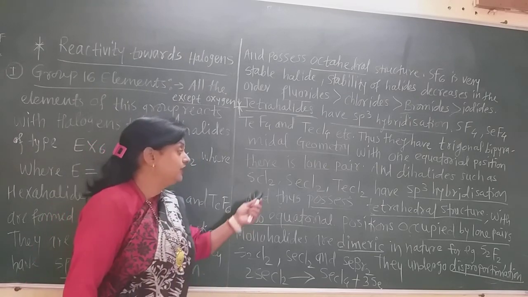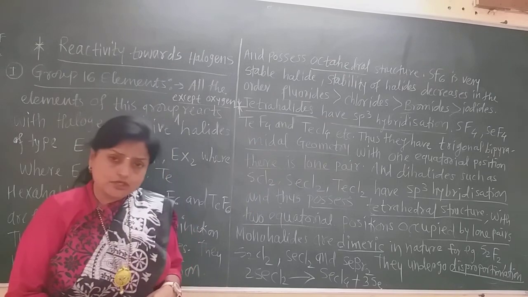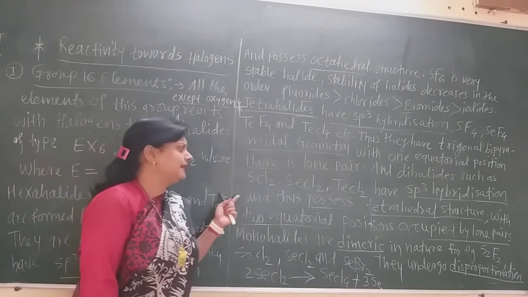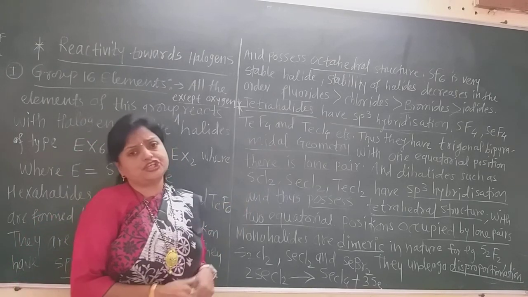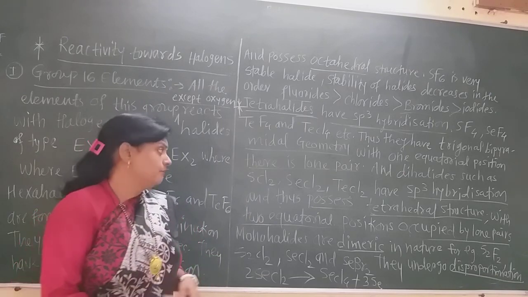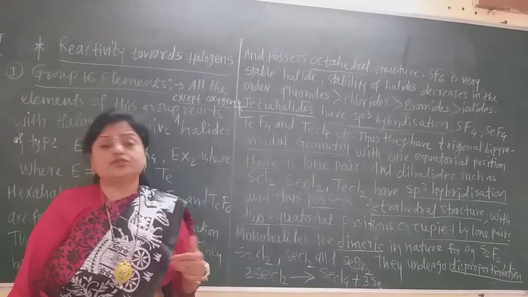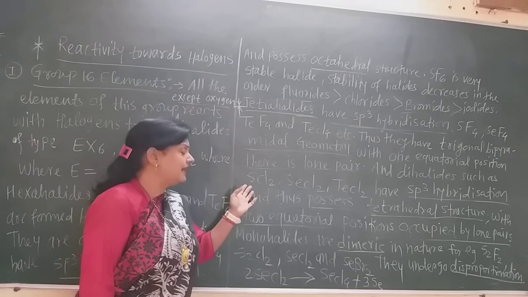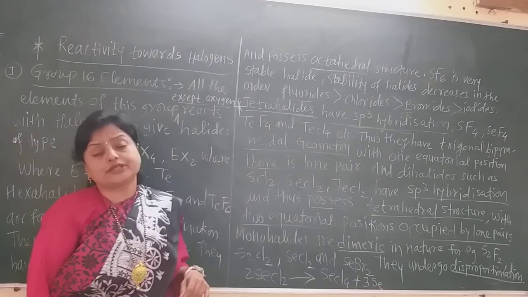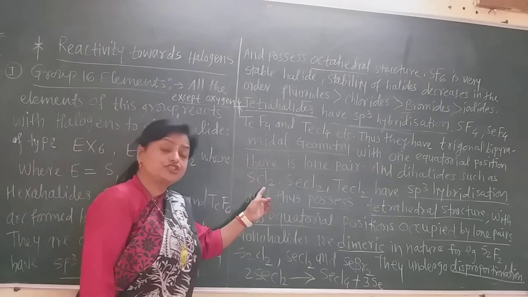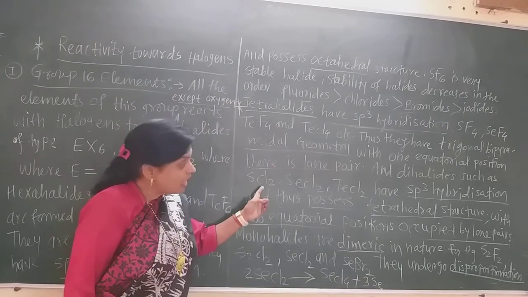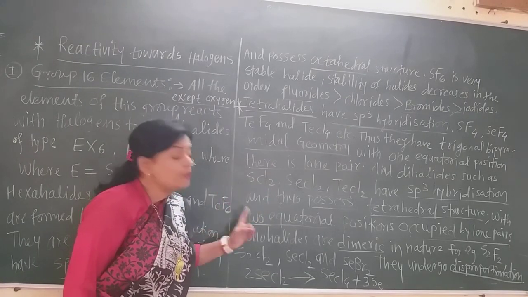Now there are only two halogen atoms, so it has the tetrahedral geometry such as CH4, methane. But in methane there are 4 hydrogen atoms, whereas in dihalides there are only 2 halogen atoms, so two positions are occupied by lone pairs of electrons.